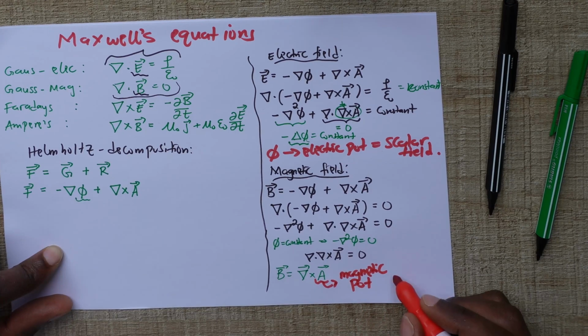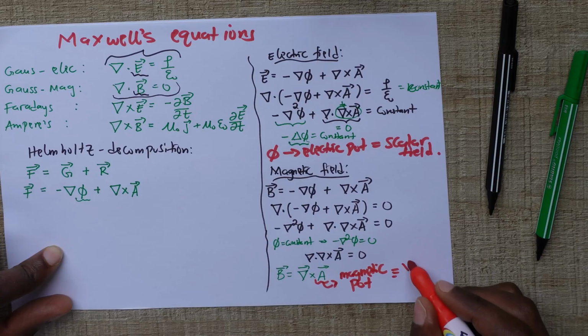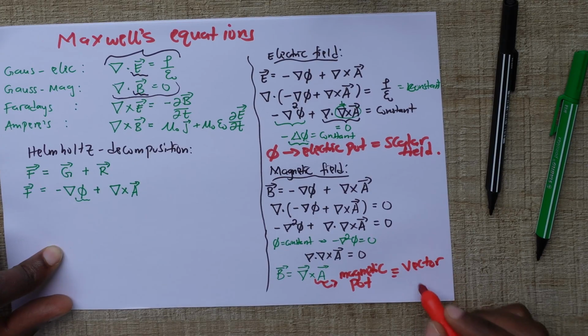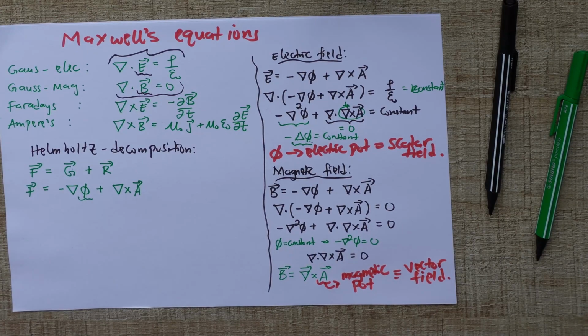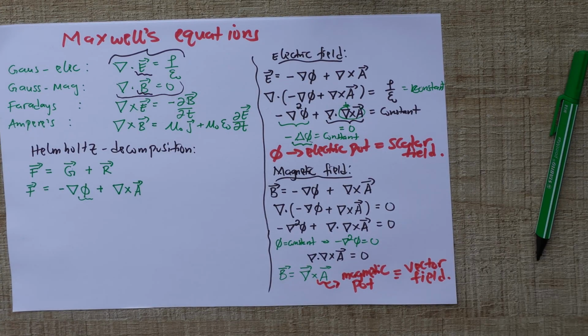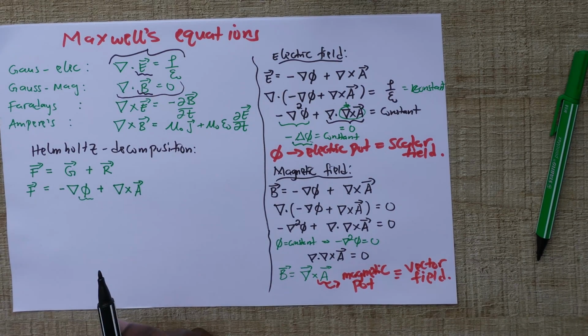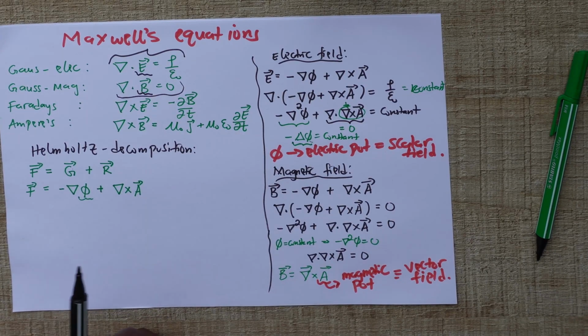And this magnetic potential is a vector field. Okay? So this is how we can easily understand where the magnetic field comes from, similar to the electric field.